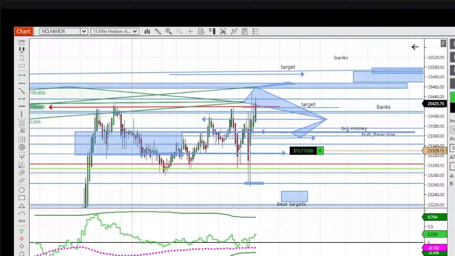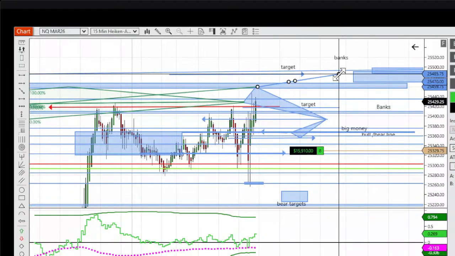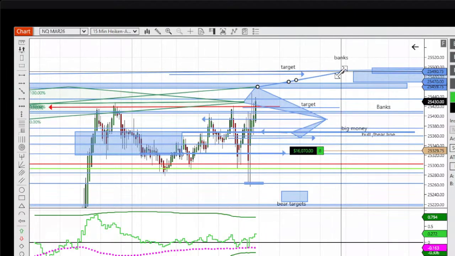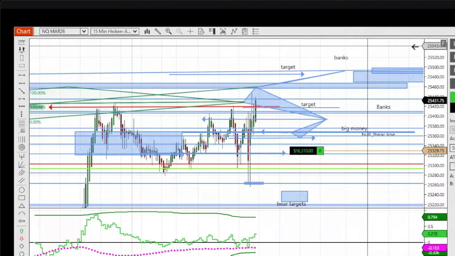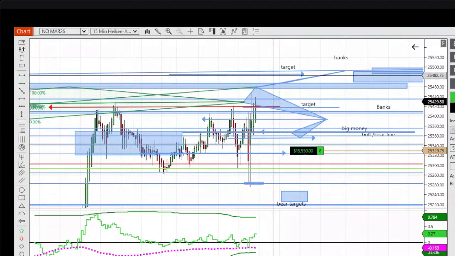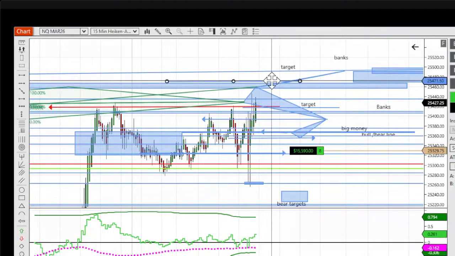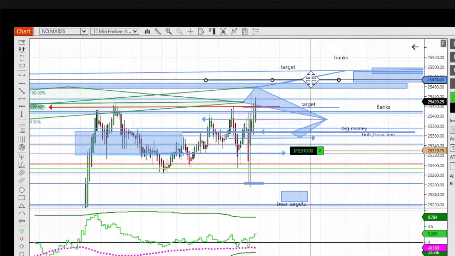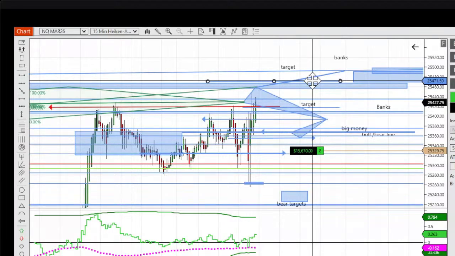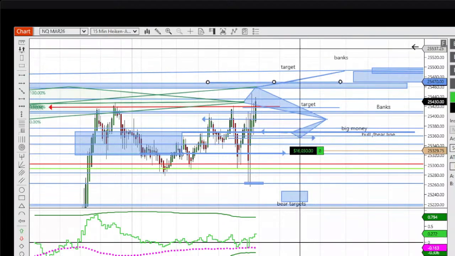Which runs up here to where? Our friend. This one goes all the way up here and tries to skirt. Right there. Ta-da! So we're going to drop this right here for just a second, guys. We're going to put this right here on the 70.